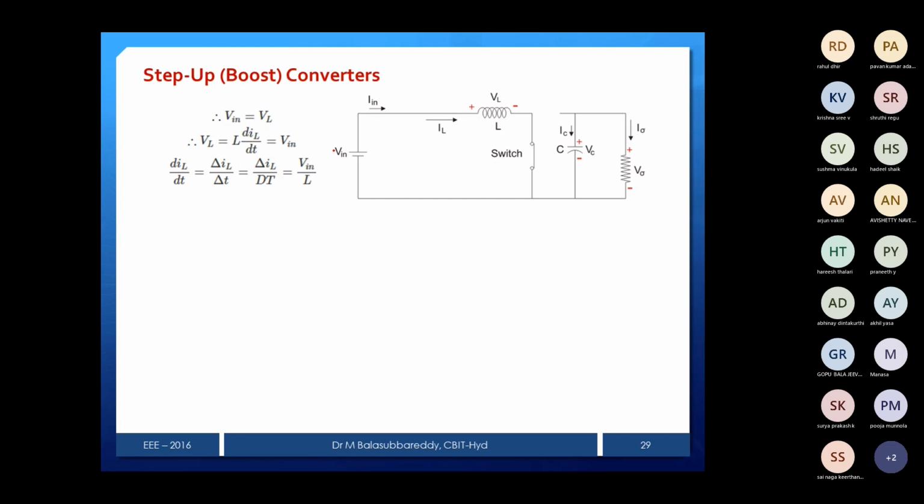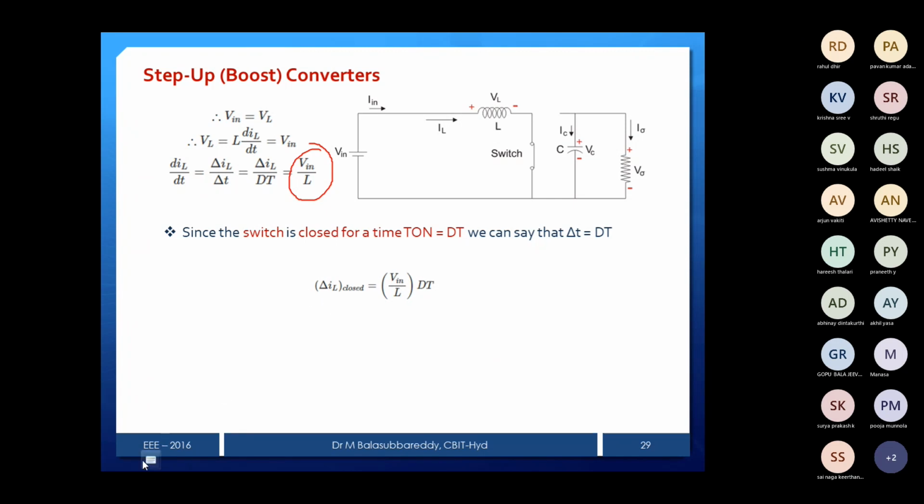So di by dt is equal to Vin by L. In the same fashion, when the switch is closed or on, I want di by dt, which is equal to Vin by L into delta t.